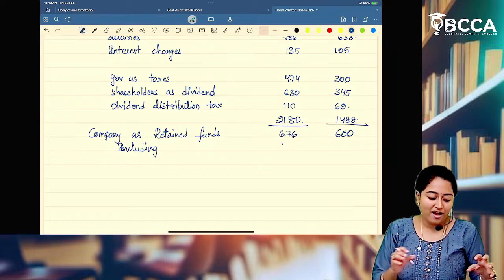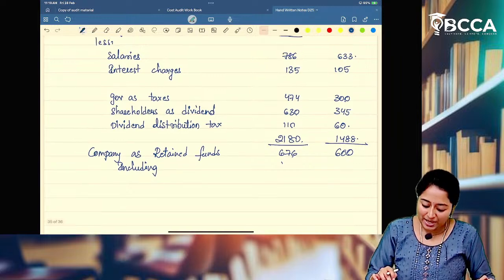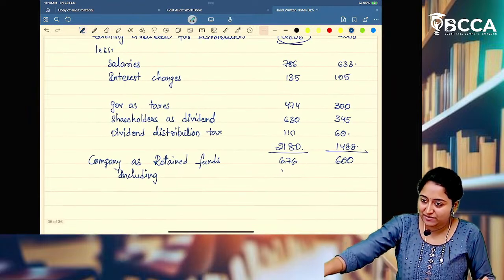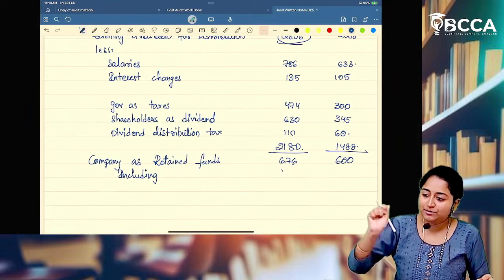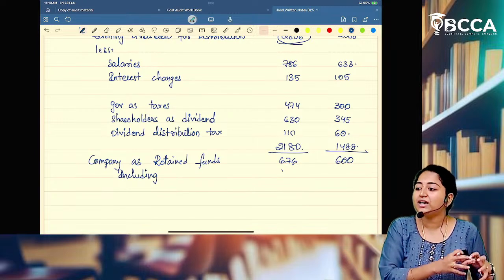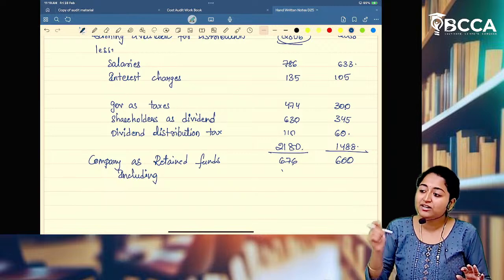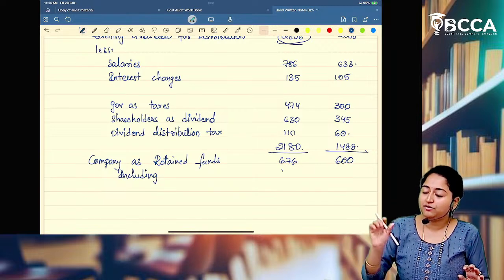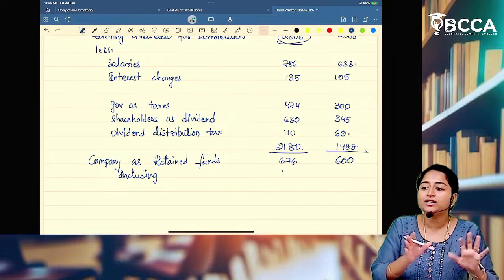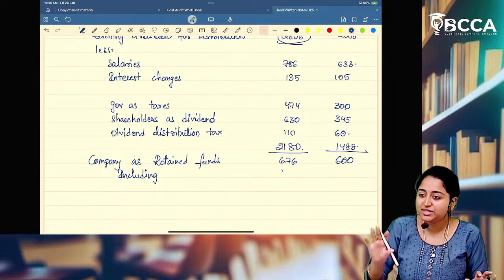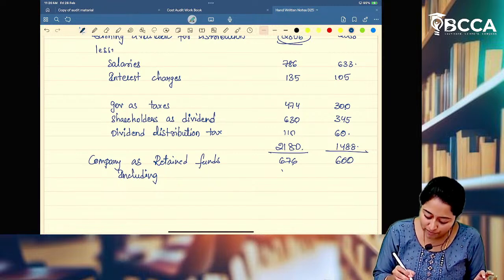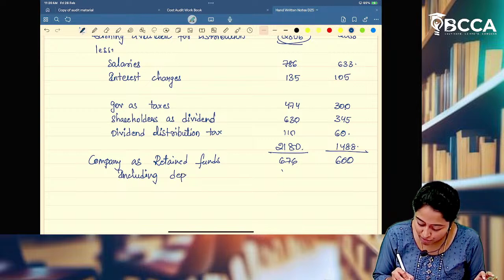If I have 10,000 rupees, I am giving employees 786 rupees, and for interest I am giving 185. From my earnings I am distributing it. Depreciation will not be distributed. We take it from the earnings and record it in records. So we will not include it in distribution of earnings.